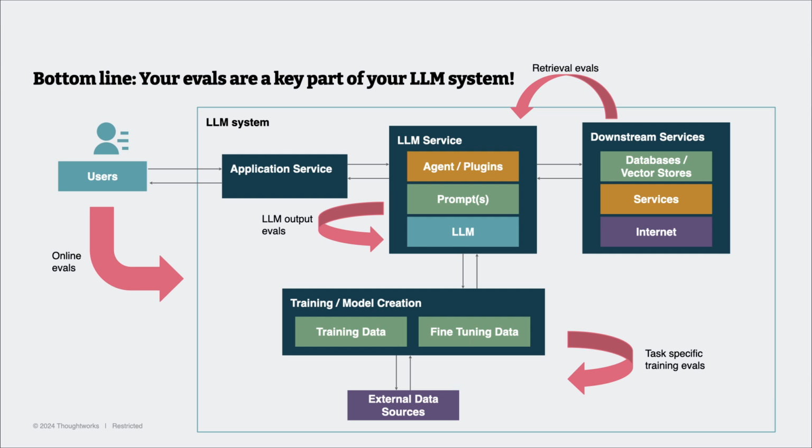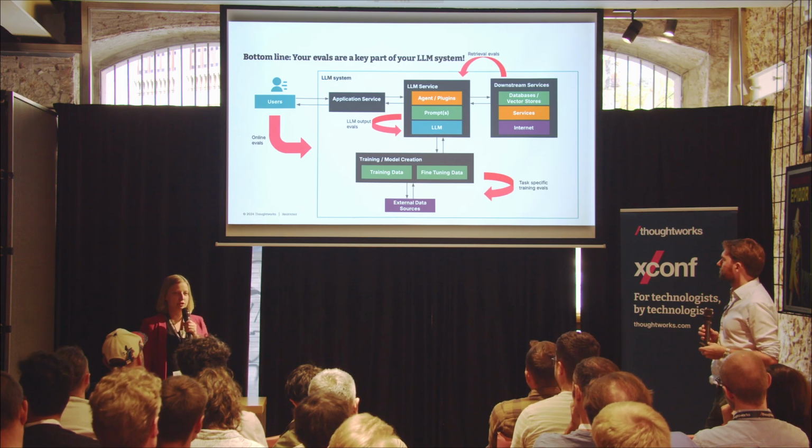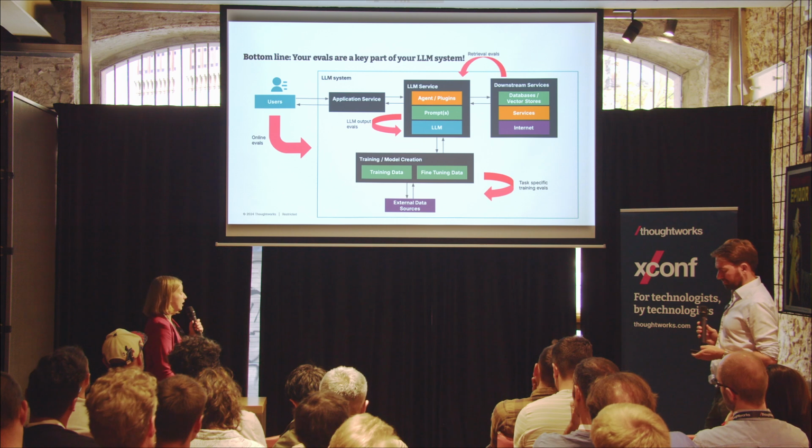Then if you're doing retrieval augmented generation, RAG, you want to evaluate those as well. And then if you're doing fine-tuning, there it comes almost naturally with the fine-tuning data, but you also want to have evaluations for those as well.